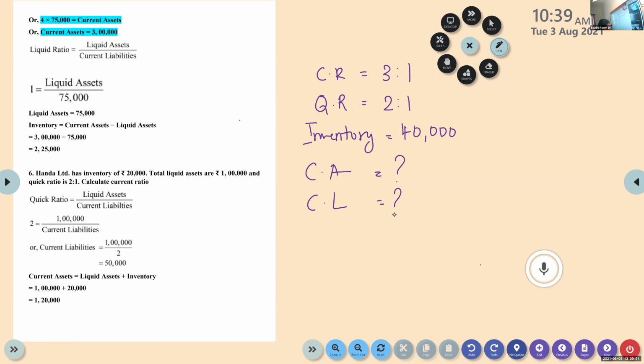Those who have completed, please do it. Give me the answer. Then others, please find out the previous current ratio. Give me the answer in the chat box.